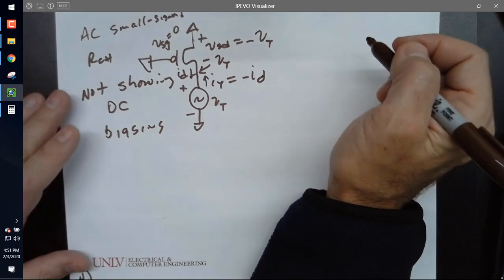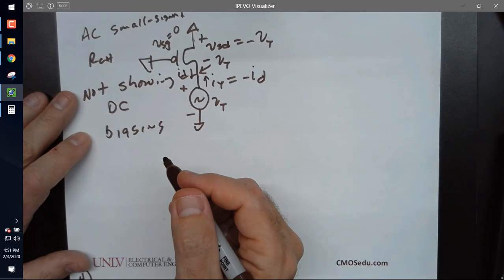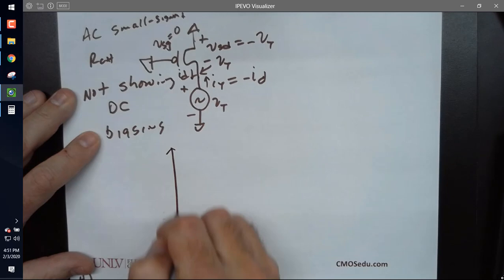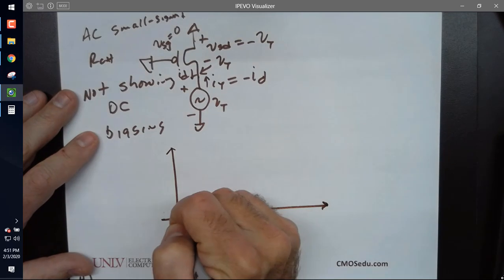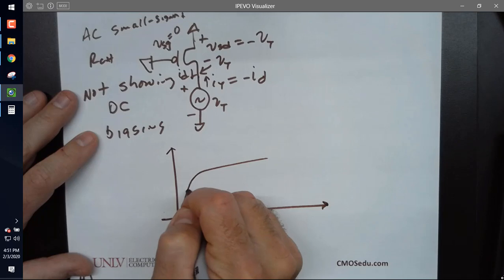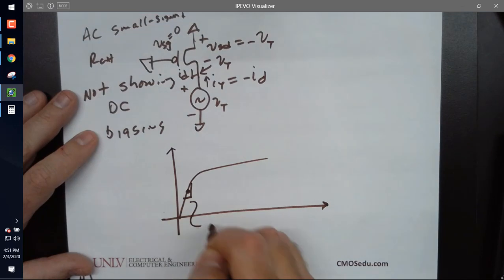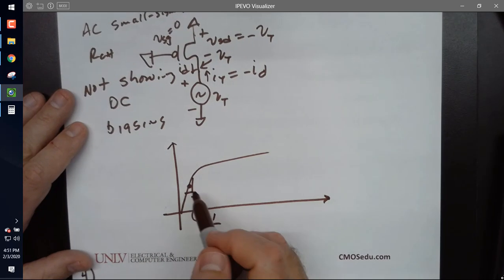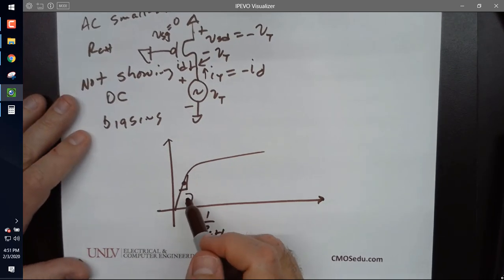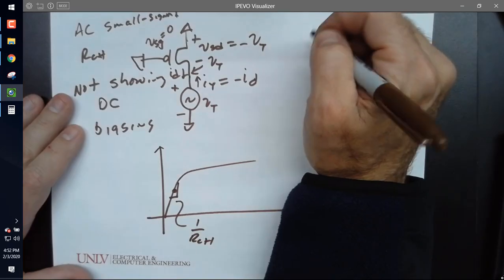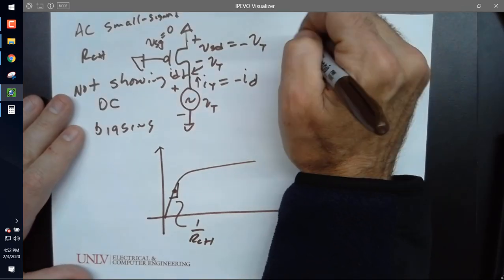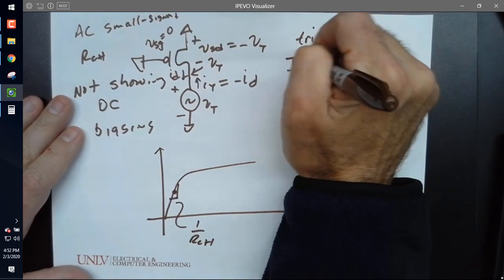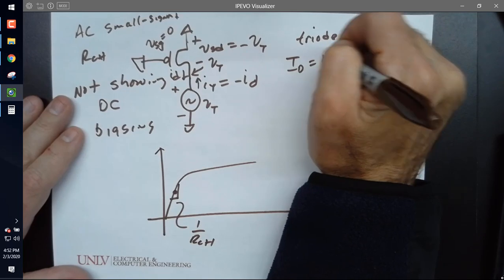So now I've done this a zillion times, so if I'm not being clear, you need to tell me. Okay, so if I'm in triode, that means I'm over here and I'm finding the slope there, which I'm going to call R channel. Everybody agree in R triode, I'm over here? And refresh my memory, what was the equation for triode?